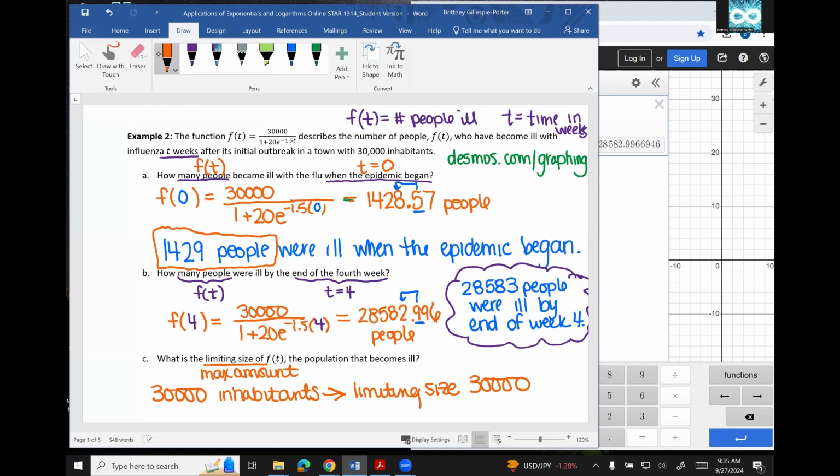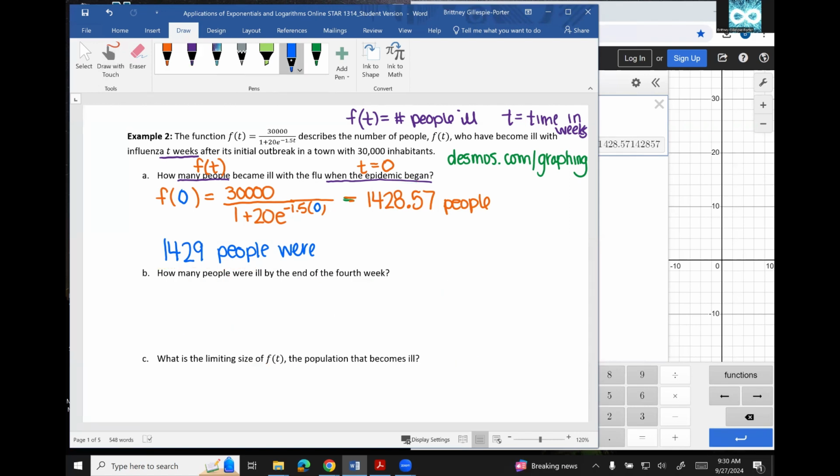If our town had 1 million people, the limiting size would be 1 million people. The limiting size is however many people are there that can get sick, were ill when the epidemic began.